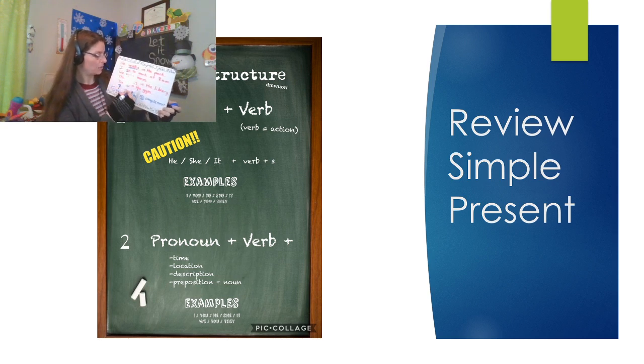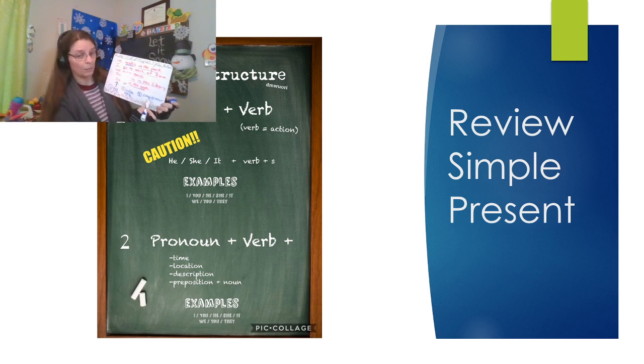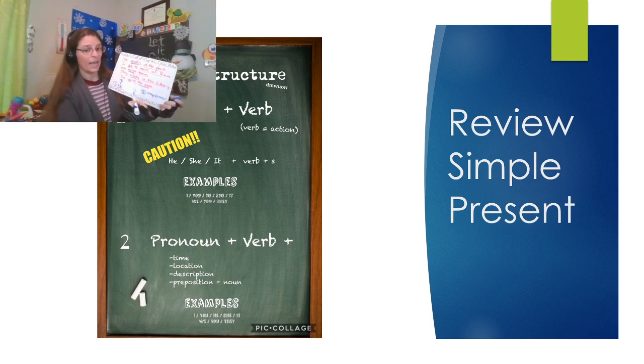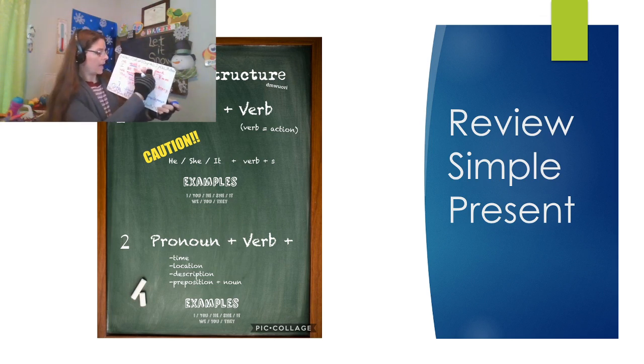Okay, so you go to the gym. Here is the complement for this. In the library, movies, to work at 8 a.m., and in the park. These are all the complements of the sentence. And so you can clearly see the pronoun, the action verb, and the complement.